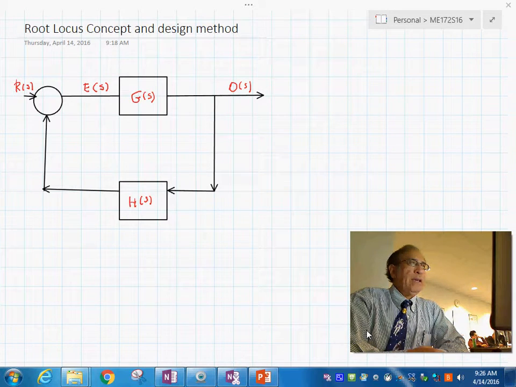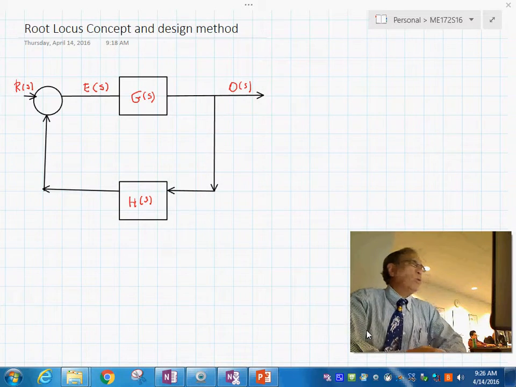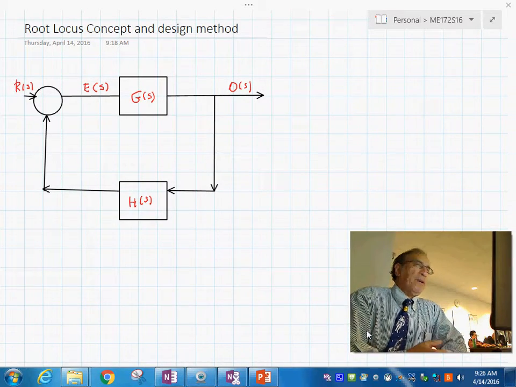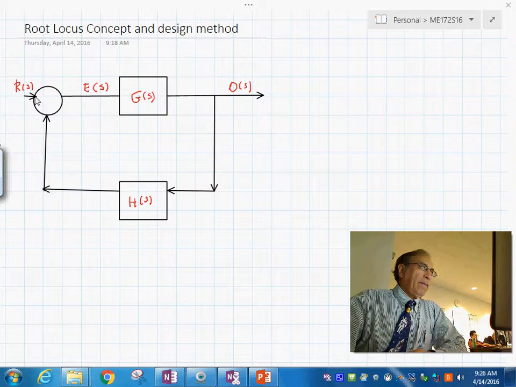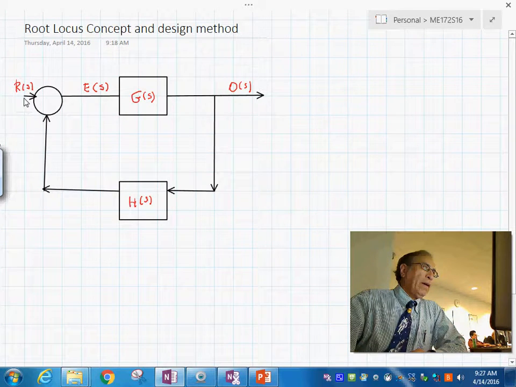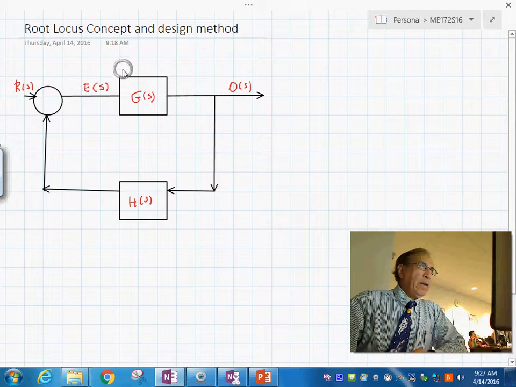So as you see on the screen, we have a very basic control loop where you have the reference point over here, and you have the error signal here.